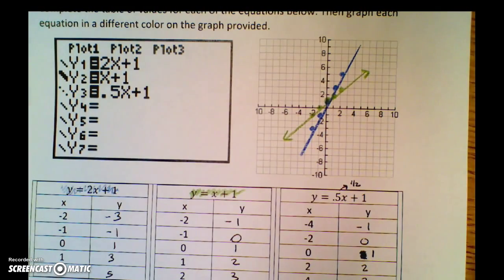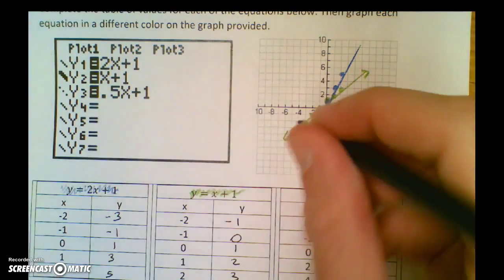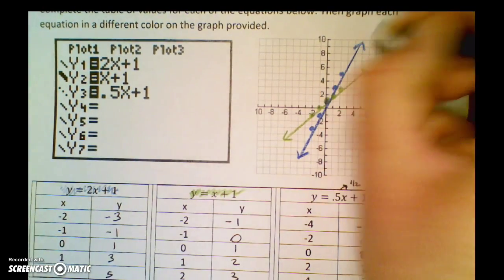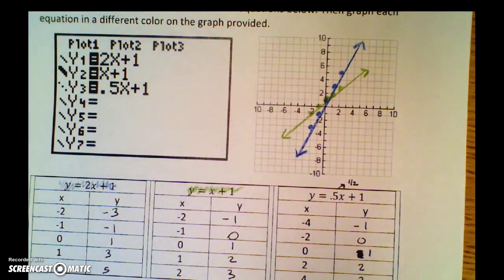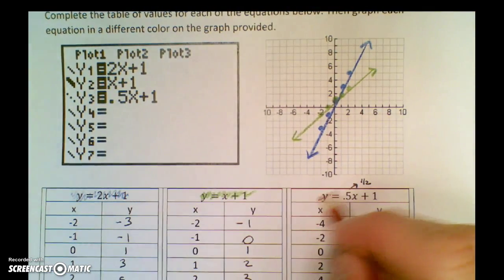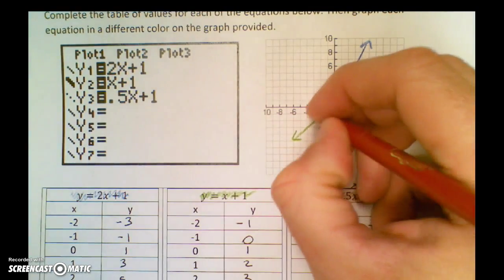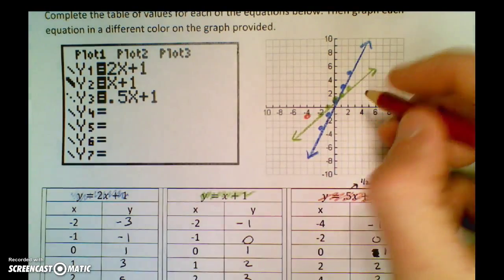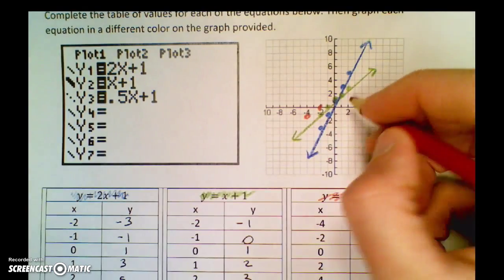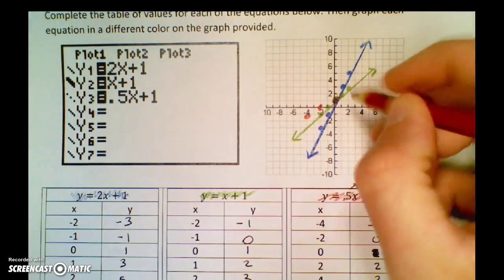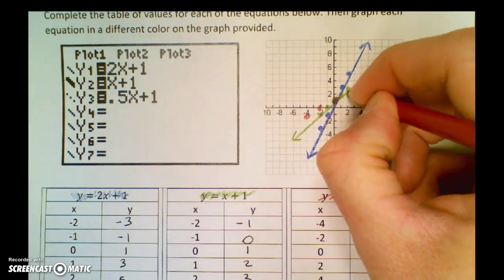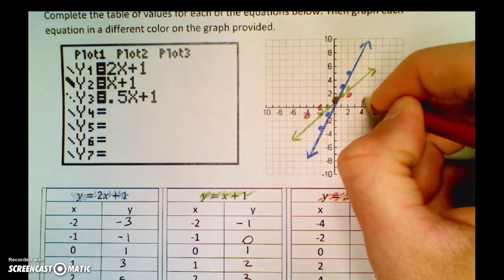Make sure to put arrows on the end of your lines to show that they go on forever. And then the last one I'll do in red. Y-intercept. Okay, so we have -4, -1, -2, 0, 0, 1, 2, 2, and 4, 3.